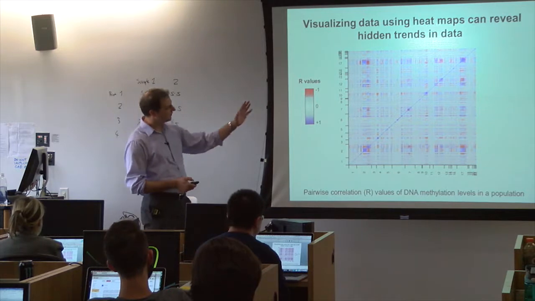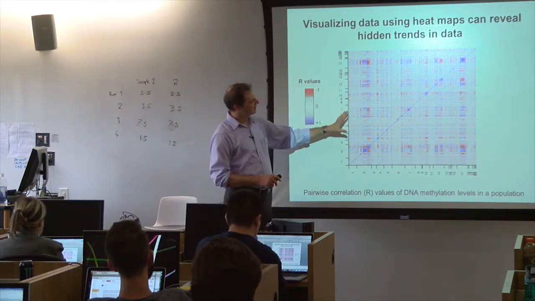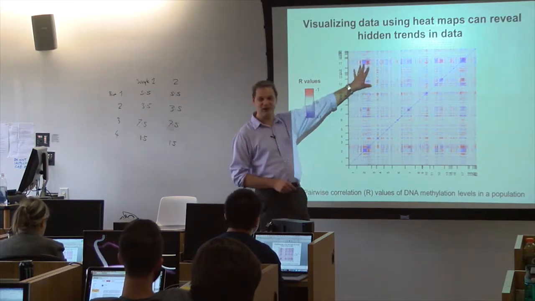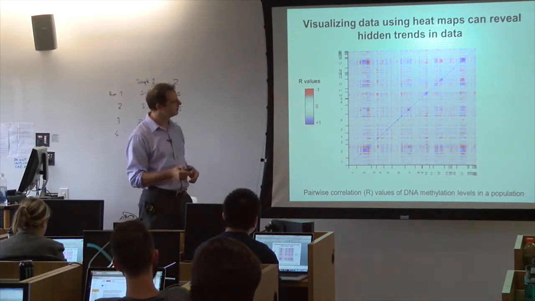So basically what this is telling us is there are places on one chromosome that are, for some reason, really strongly correlated with the epigenetics on another chromosome, which is kind of unexpected.